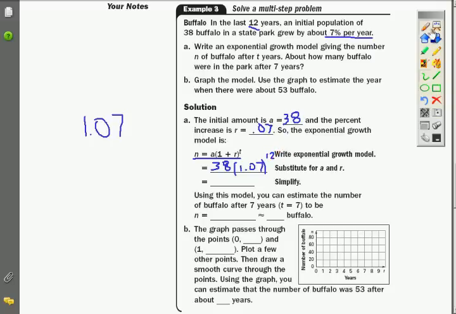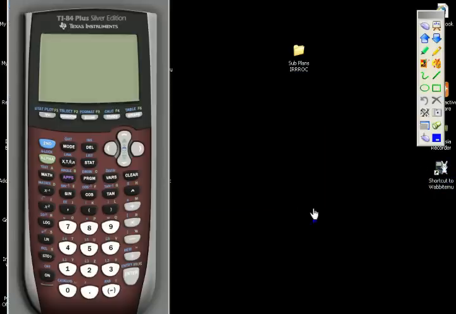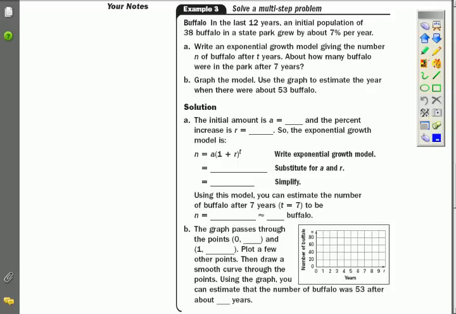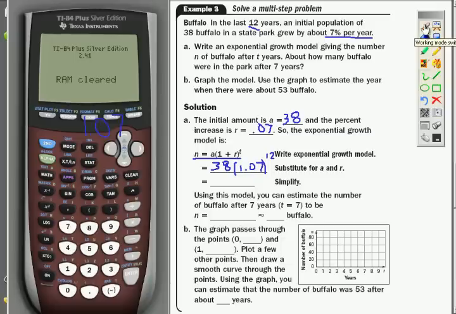And if I grab my calculator real quick, and I go ahead and put those numbers together. So I had 38 times 1.07 to the 12.